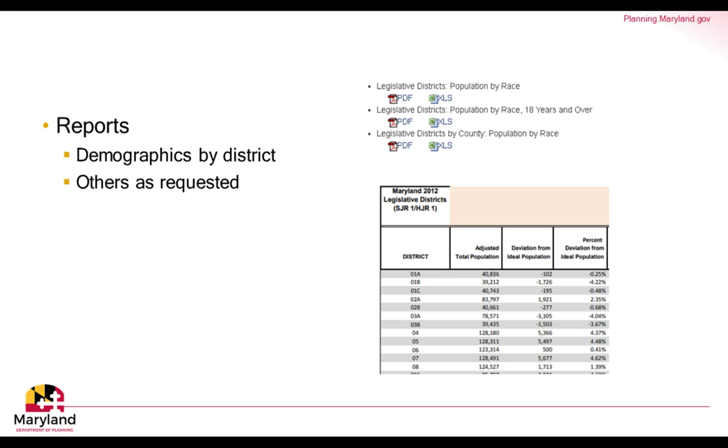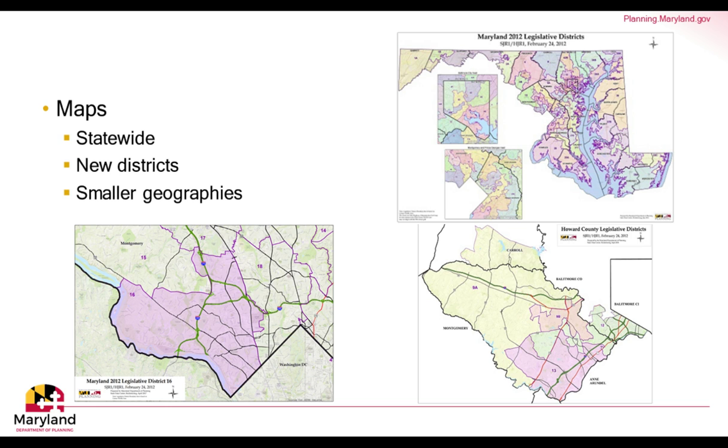In addition to the reports that we provide in both PDF and Excel format, we also provide a lot of maps. We do obviously the statewide map, that's the basic map, and we do a lot of other maps.